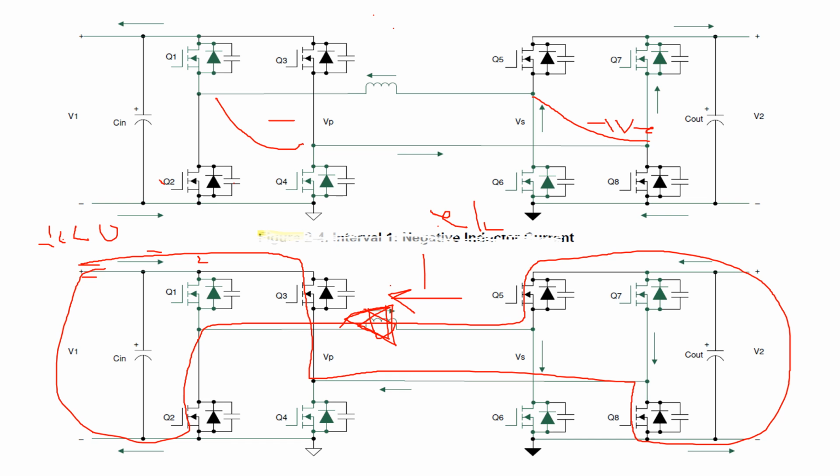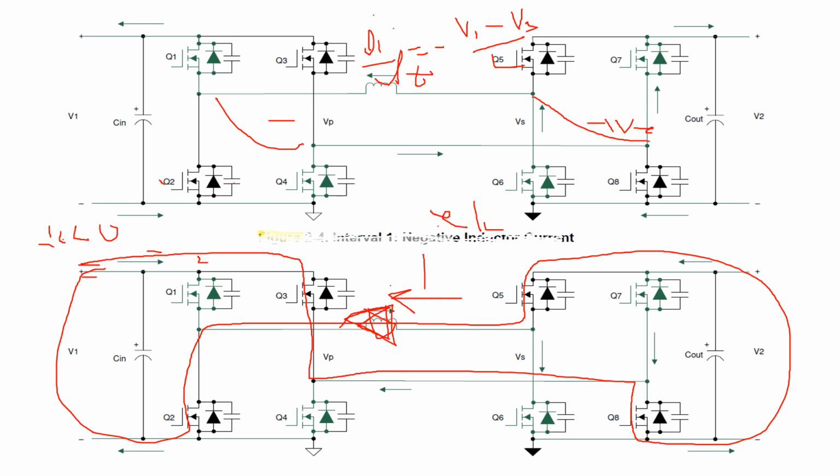Hence the current ramps down with a negative slope, and we can describe this using our equation. The change in current over some given time is equal to negative V1, which is the primary, V2, which is the secondary, divided by the value of the inductor.